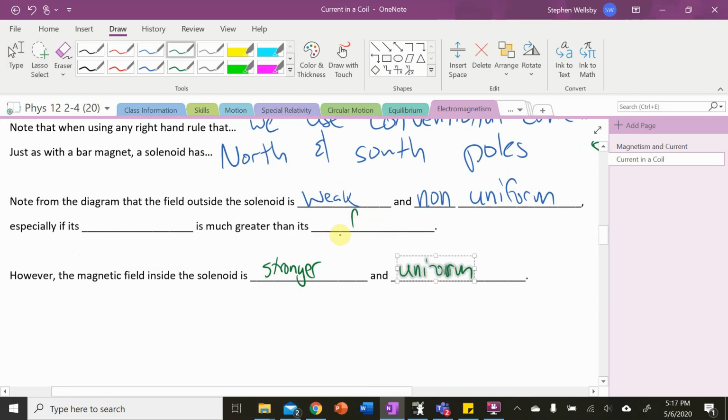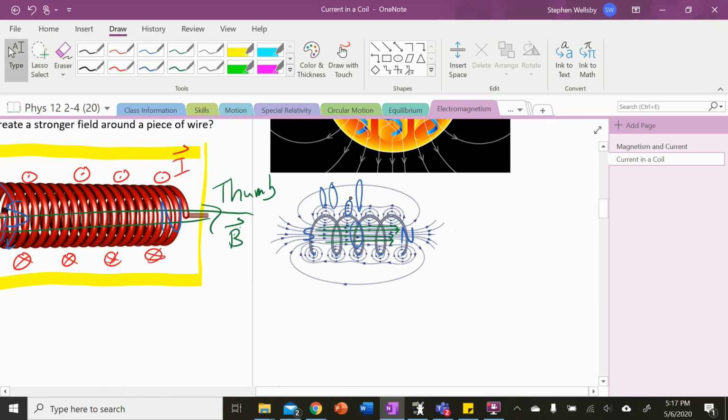And this part here, they're weak and non-uniform, especially if its width is much greater than its length. So if you've got really wide circles and a very short solenoid, wide as in this side here, and short as in this dimension here.